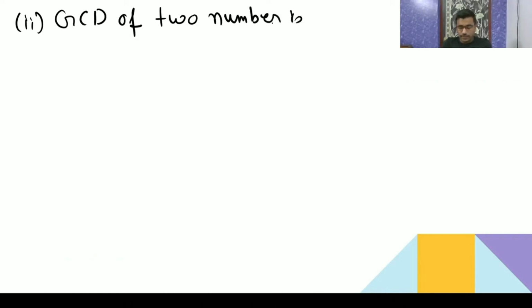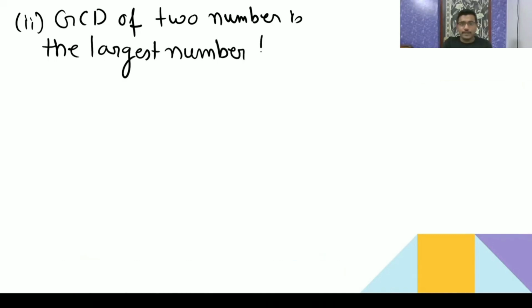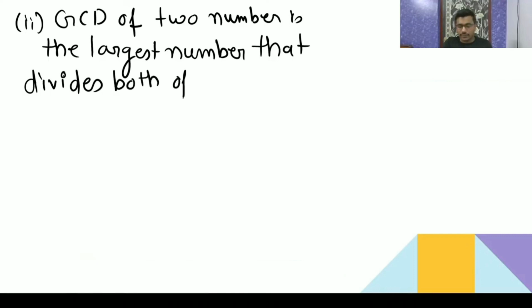What is GCD? The GCD of two numbers is the largest number that divides both of them.